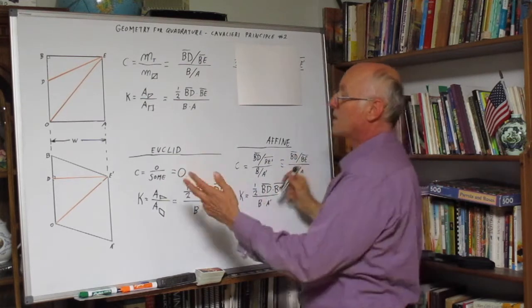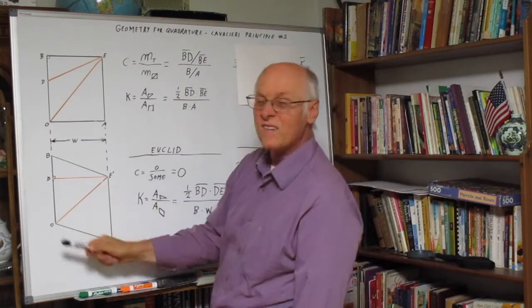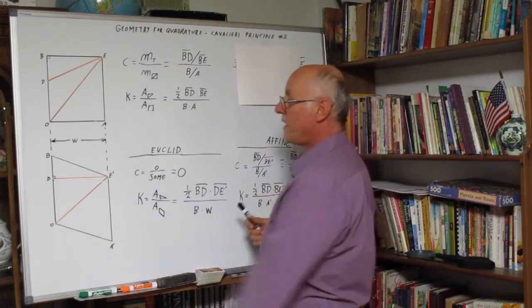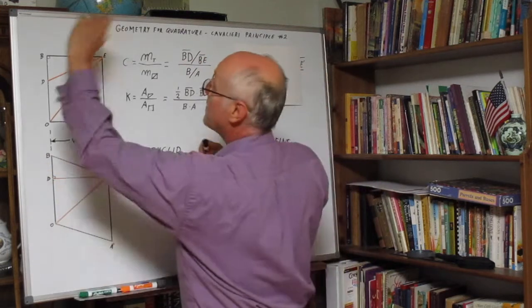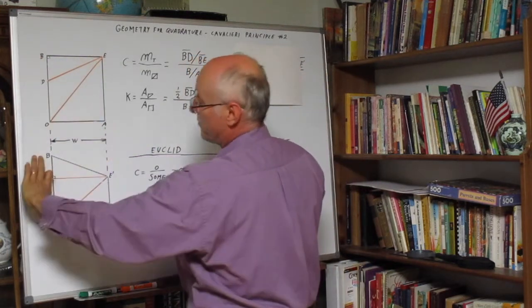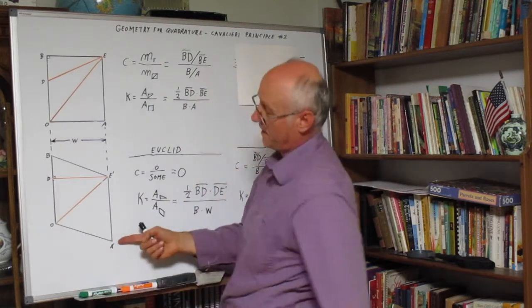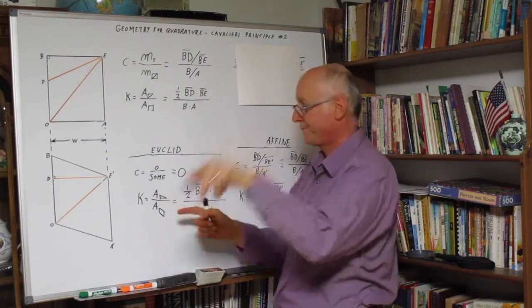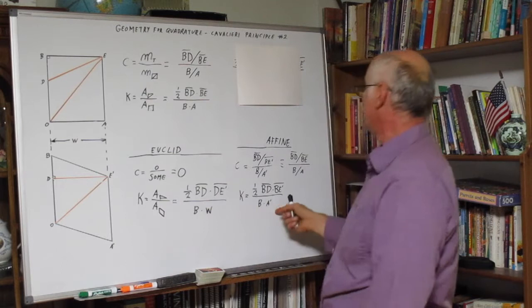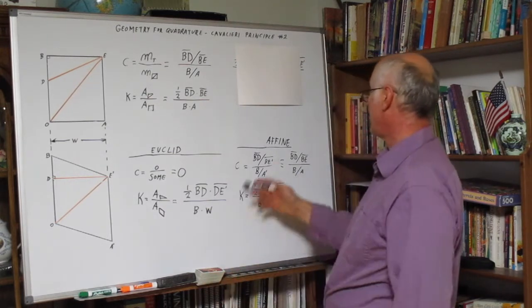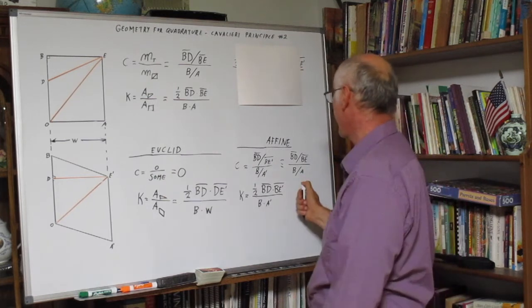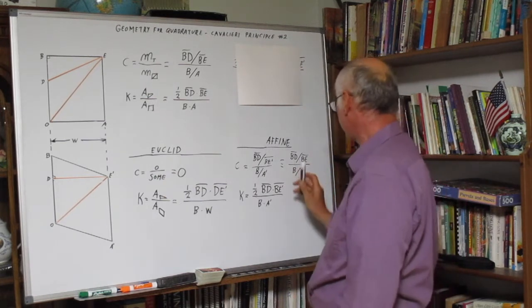And then what is the slope of this diagonal here? Well, to affine, it's just B over A, same as this one. Excuse me, it's B over A prime. He has to call it prime. Okay, fine. So we have this situation.